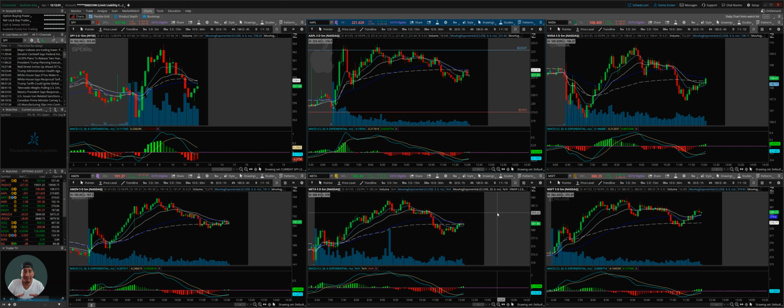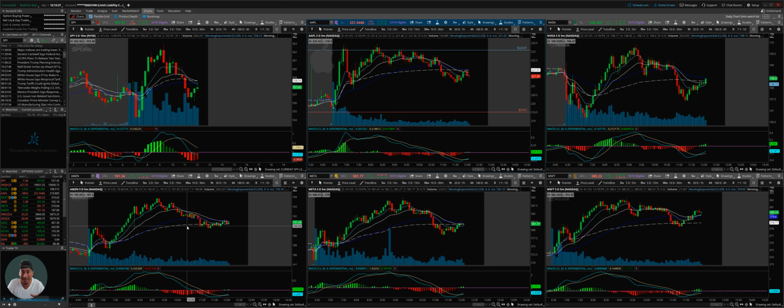So I have to make sure these are all aligned. For example, Apple, NVIDIA, Microsoft, Meta, and Amazon. When all of these stocks are going in the same direction, that gives me more confirmation with SPY, or whatever instrument I'm trading, to get in that position or to get out of that position.